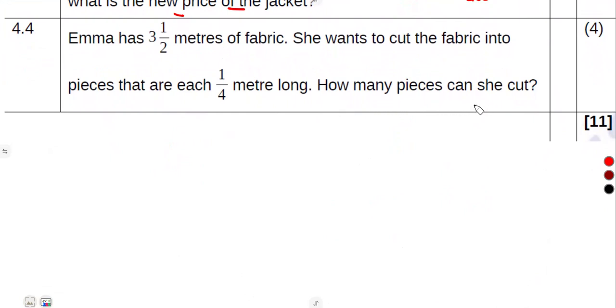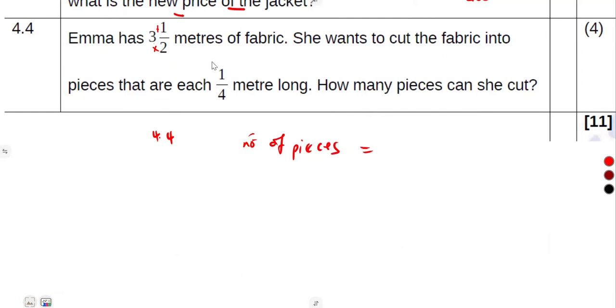All right, so this is the idea of the question, guys. She has this 3.5 meters, which, if you write it as an improper fraction, is 2 times 3 is 6, plus 1, 7/2.